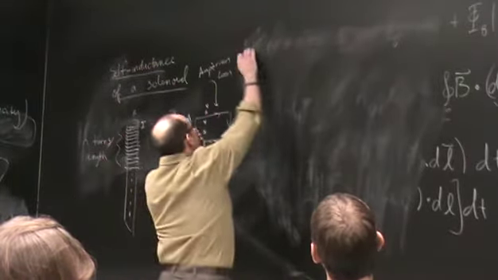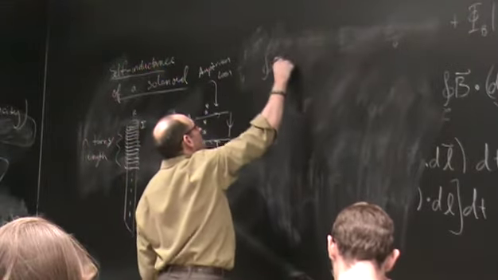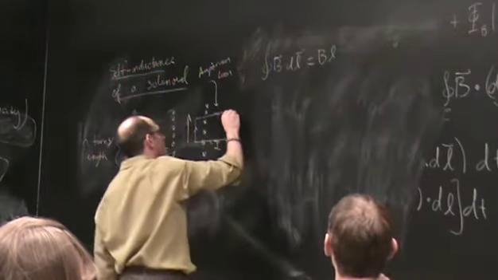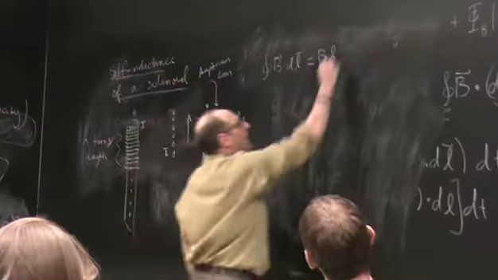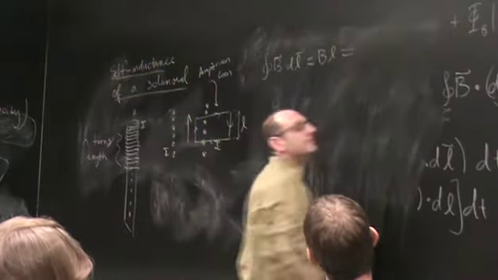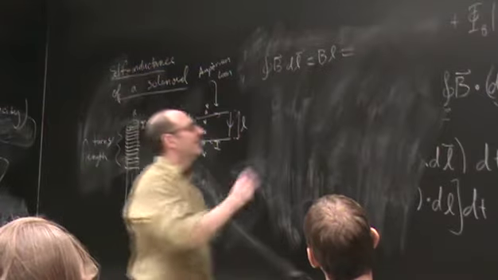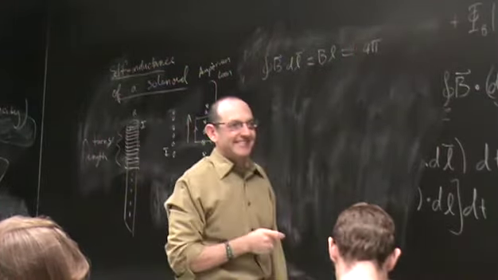So, integral B dot dl. In this case, it's just B times that length L. And that's equal to what? Typically, there's a 4 pi in these things, right?